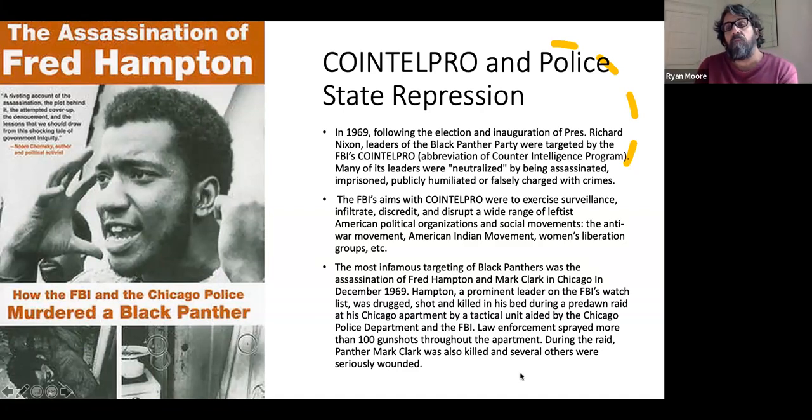Hampton was basically singled out because he was, by all accounts, an incredibly talented leader, an incredibly charismatic speaker, somebody who was very young.